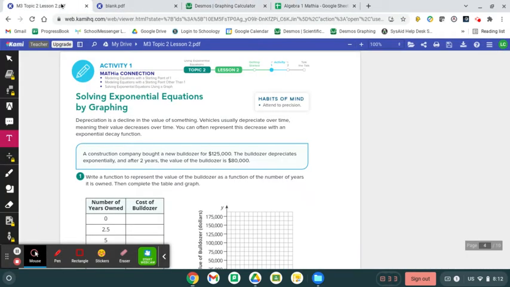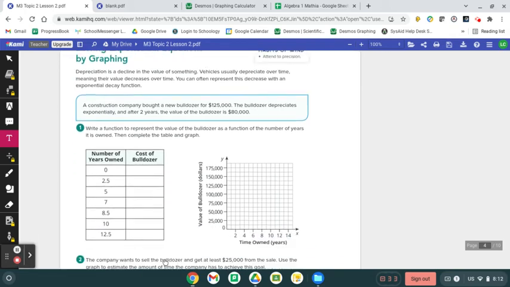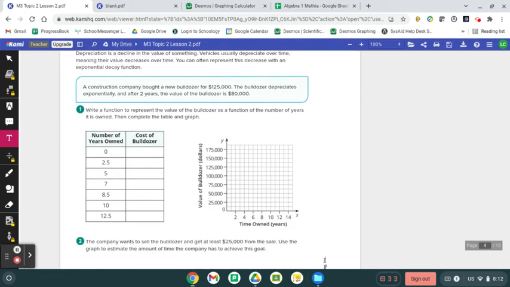The thing you're going to have to know is, is it growth or decay? If it's under 1, then it's decay. If it's over 1, it's growth.